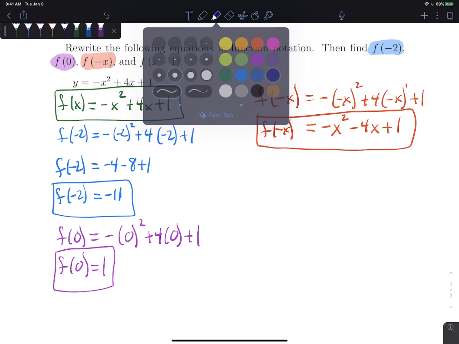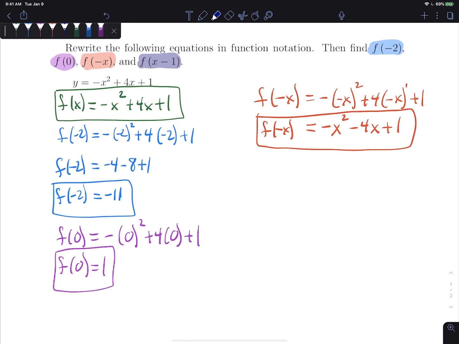Next, let's look at this last one of f of x minus 1. So f of x minus 1, again, going back to the original function, we're going to replace this x, and this x with this entire x minus 1. So this is going to give me negative, and then parentheses, x minus 1 squared, and then plus 4 times parentheses x minus 1 plus 1.